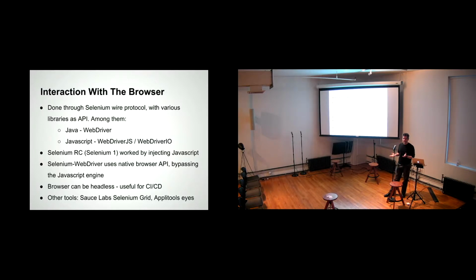Anyone heard about Applitools? If you haven't, it's a really cool tool. But as I said, that addresses more the visible aspects, so it will look exactly as you would expect, including CSS and everything. Okay, I'm not going to talk about Applitools.